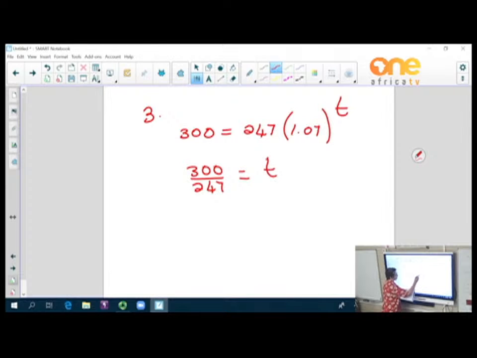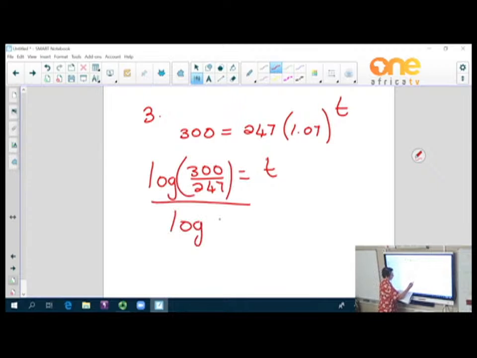Then I'm going to use logs, so it's log of the division, divided by log 1.007, and then my time is, and I got 28 years. It will take 28 years to do that.